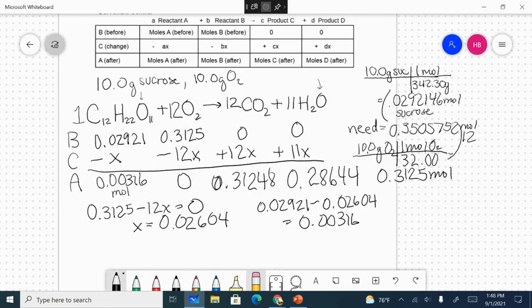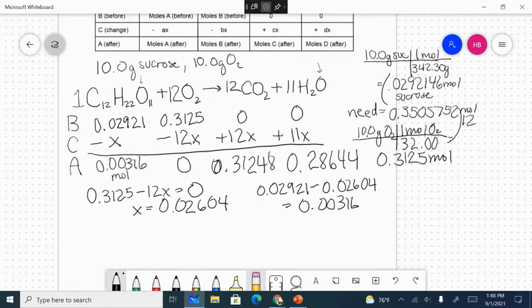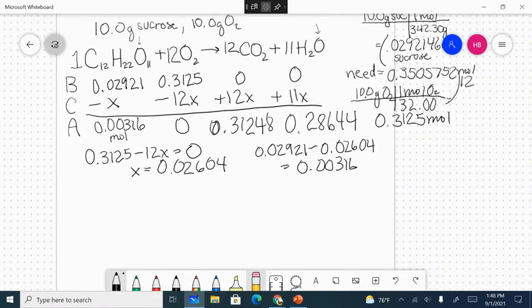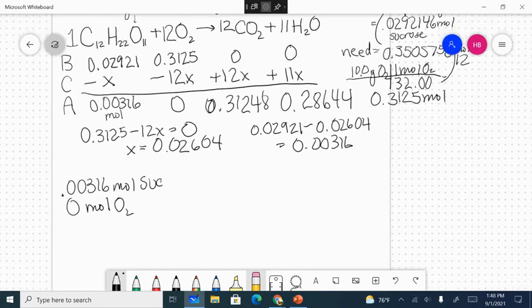So one of the questions that might be asked of you is, what is left in the container? What is left in our reaction vessel is sucrose, no oxygen. That's the limiting reactant. It ran out.